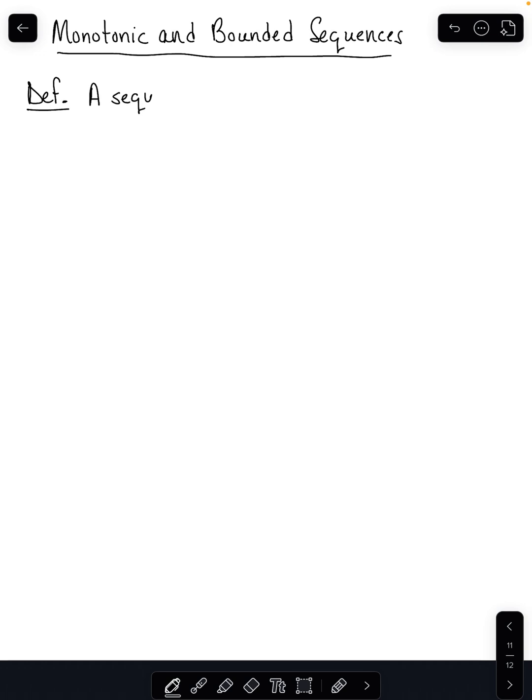So a sequence defined by a sub n is monotonic if, 1, its terms are non-decreasing.